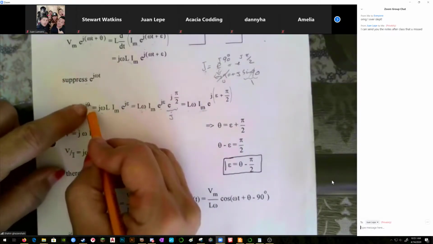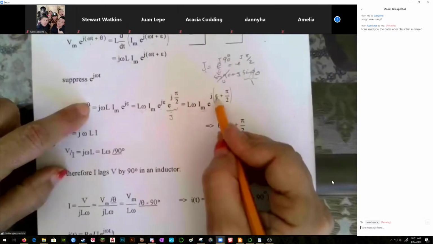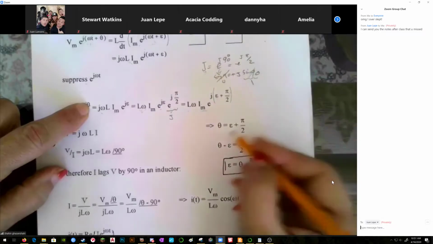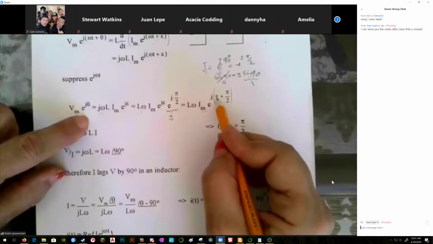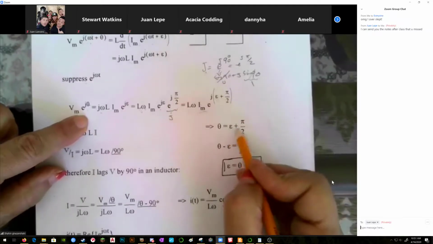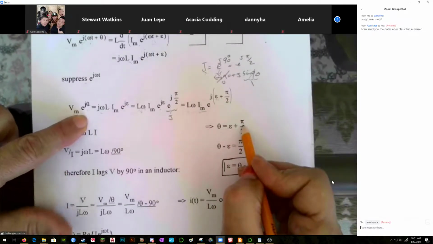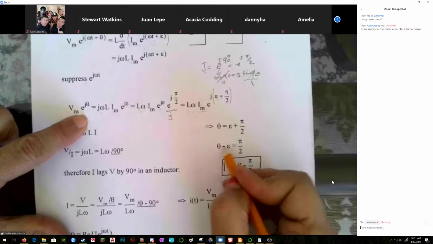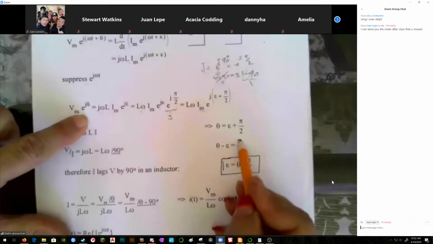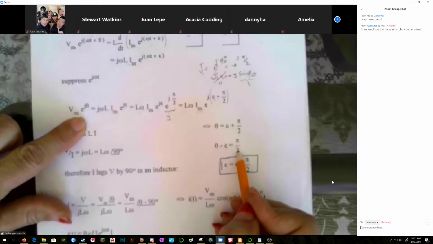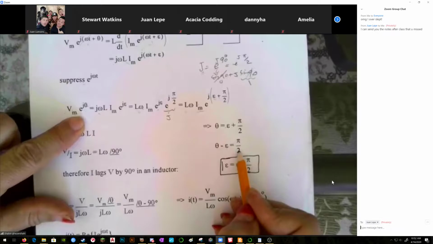But the angle theta is phi plus pi over 2. See, the phase angle here is theta, and the phase angle here is phi plus pi over 2. So the phase angle difference between voltage and current is what? Pi over 2. So inductors add a 90-degree phase difference between voltage and current.